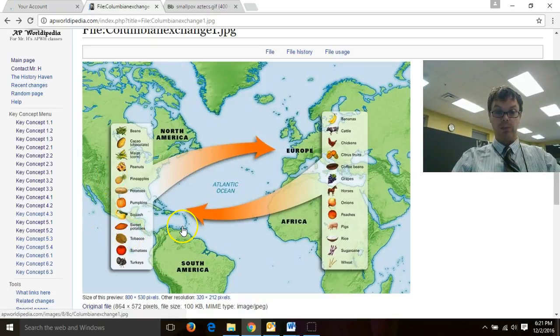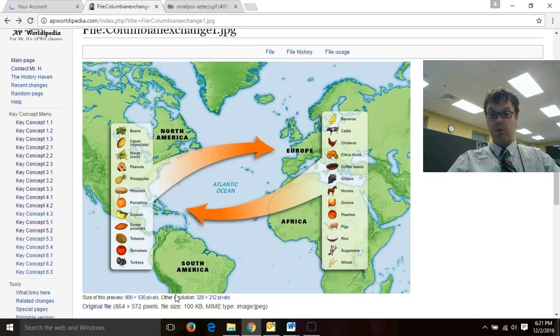And there again, we see potatoes is on our list. Potatoes are originally from South America. They're an Andean crop, and there were many hundreds of different varieties of potatoes that were grown in the Andes in Peru. They're able to spread in the Columbian Exchange, especially to Europe, and become a huge food in the diet of Europe. Ireland and Europe, and potatoes are very significant as they increase the calories and the amount people can eat.